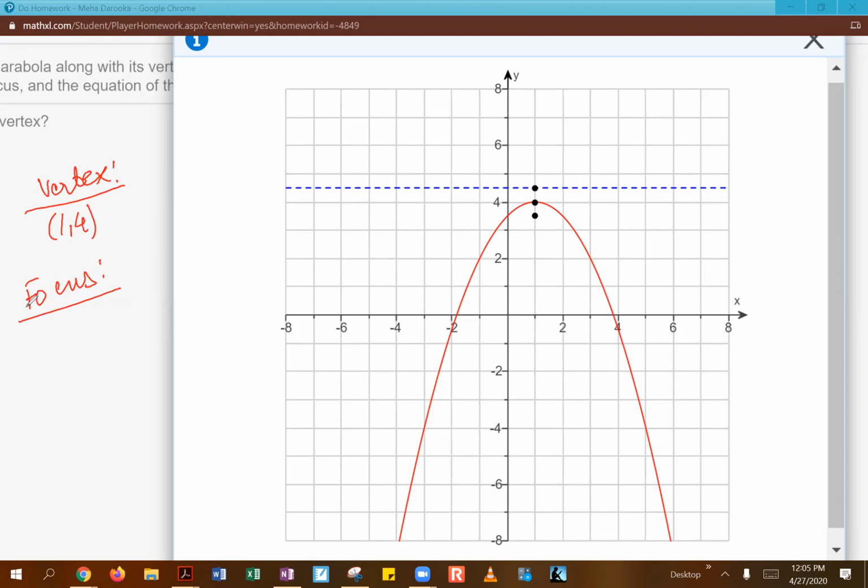Look again. Because this was the 1, 2, 3, 4, 5, and then 6.